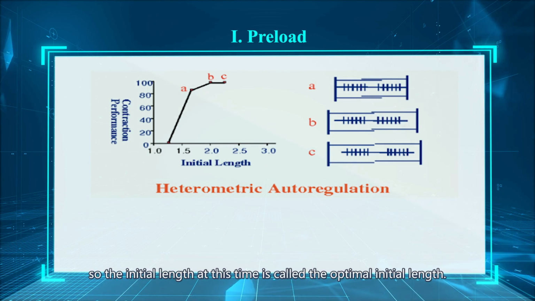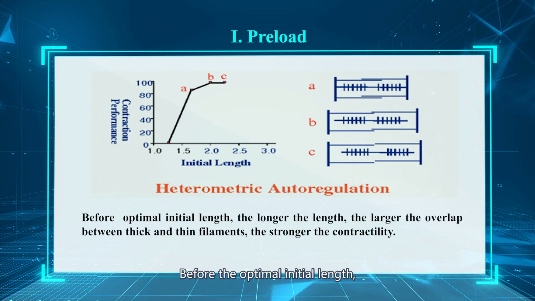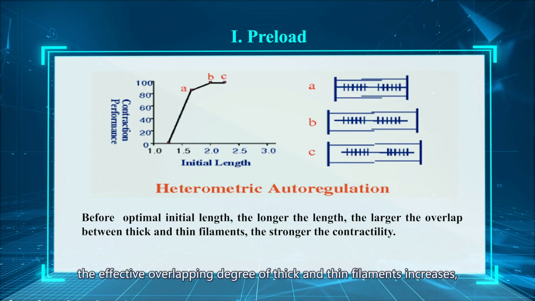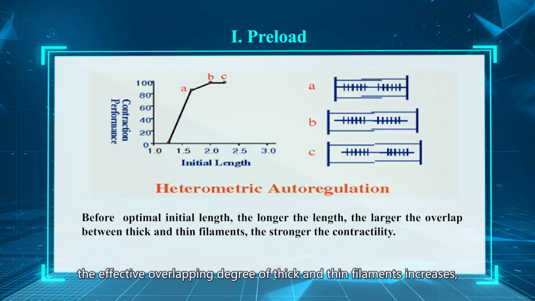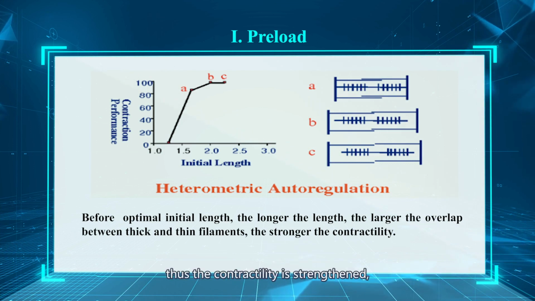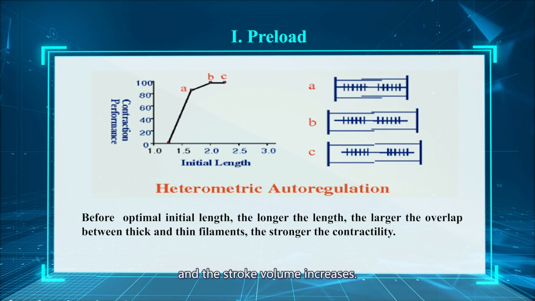So the initial length at this time is called the optimal initial length. Before the optimal initial length, with the increase of the length, the effective overlapping of thick and thin filaments increases. Thus, the contractility is strengthened, and the stroke volume increases.